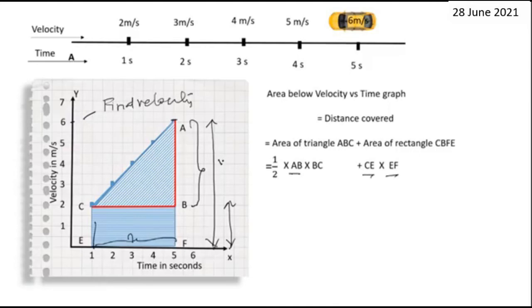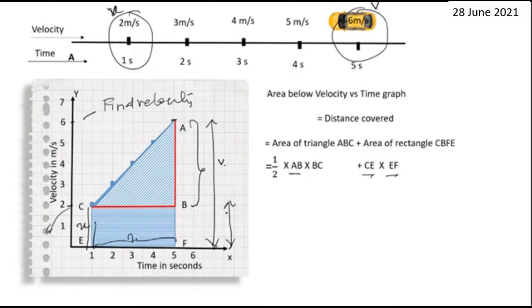And what is final velocity? Small v. And what does this height tell us? This is initial velocity. In this case, you see initial velocity is 2 meter per second and final velocity is 6 meter per second. If you call this v, this is u and this is v, small letters. So this stands for u and this stands for v.